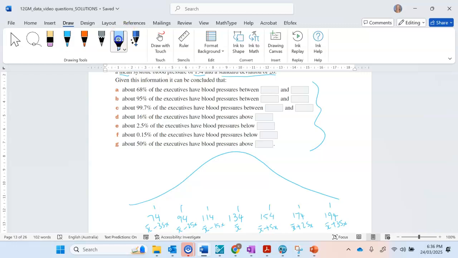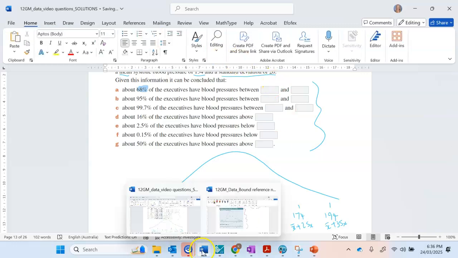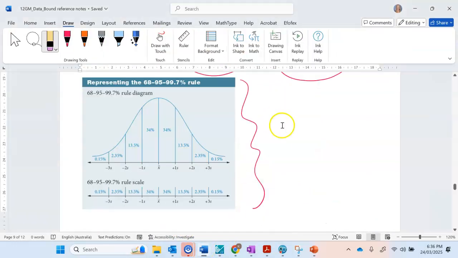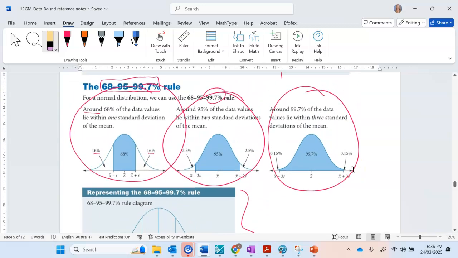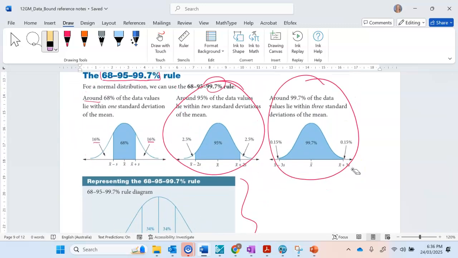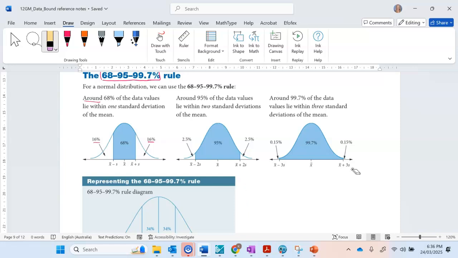Okay, so this first question, about 68% of the executives have blood pressures between. All right, so we've got to look at that 68%. This is where you need to have your notes ready. So we're having a look at our diagram that I've just drawn all over. So let's make it not so overwhelming.